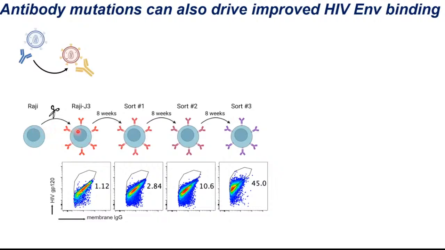Basically, we kept our engineered B cells in culture over 8, 16, 24 weeks. And at 3 different points, we selected for the group of B cells that stuck to HIV GP120 with more affinity. You'll see over time we get more and more in this little box.